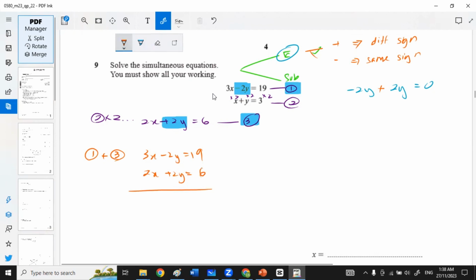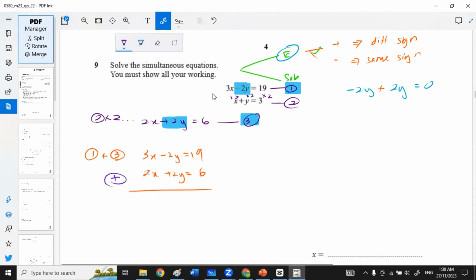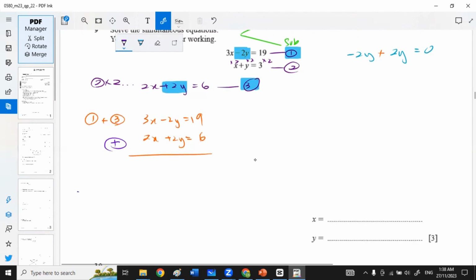When you plus, so 3x plus 2x, that will give you 5x equal to, these two eliminate. Okay, then 19 plus 6 equal to 25. So x equal to 25, 5 is times. Then you go and divide. Okay.